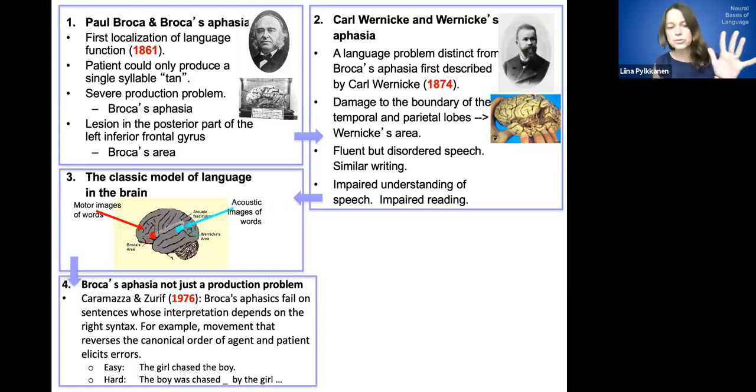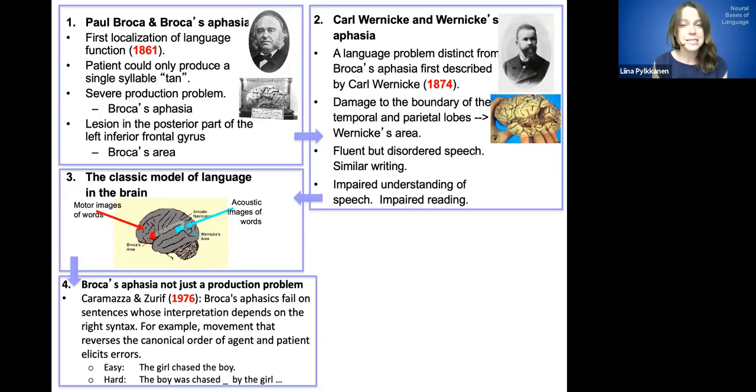And then there's a different development about 100 years later. Researchers in the 70s and early 80s, for example Caramazza and Zurif, started noticing that Broca's aphasia also involved comprehension deficits. So their problems didn't seem to be limited to language production.